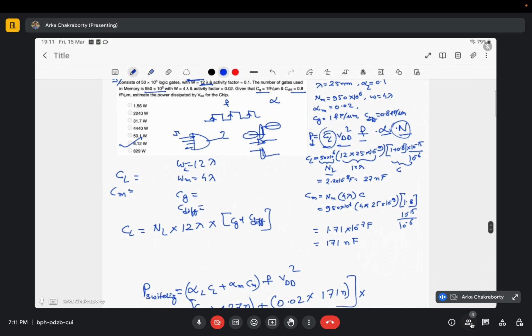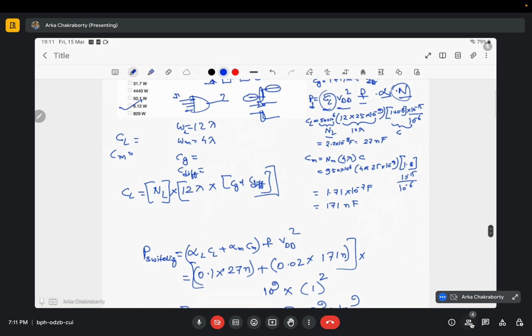The cumulative CG and C diffusion is given to us, so we don't need to find the effect of it. For each 1 lambda, CG plus C diffusion will be the capacitance. So for 12 lambda it would be 12 lambda into CG plus C diffusion. This is my net capacitance for one gate, and multiplied by NL it is the capacitance for NL number of gates. So CL is coming as how much?